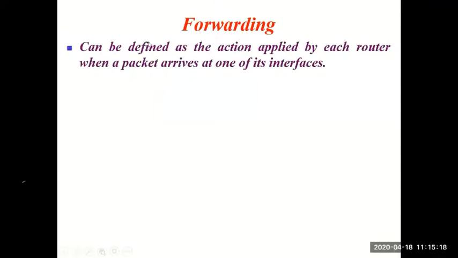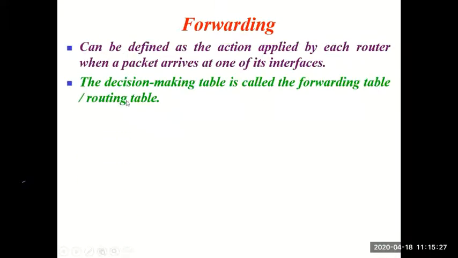It should know that my next hop will be router R4, and it will forward it onto interface 2. So a simple decision-making table will be there at every router, called the forwarding table. This forwarding table will be slightly different from the routing table, but for now we give almost the same name to both.